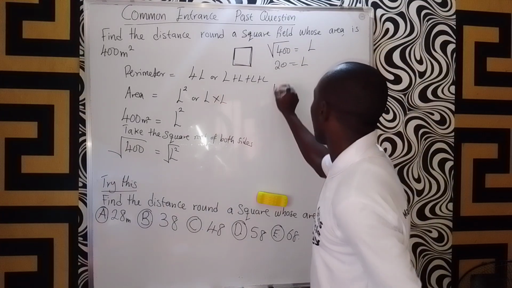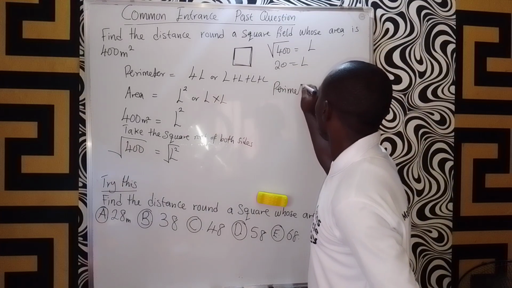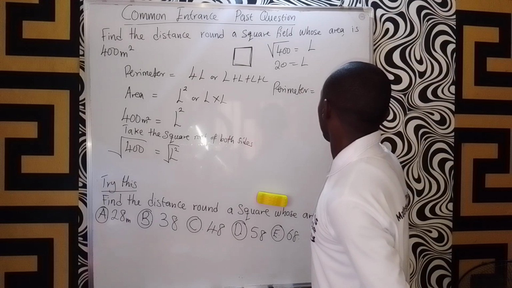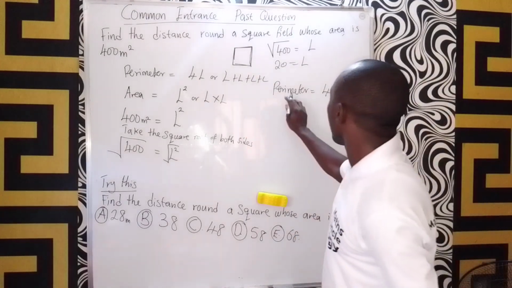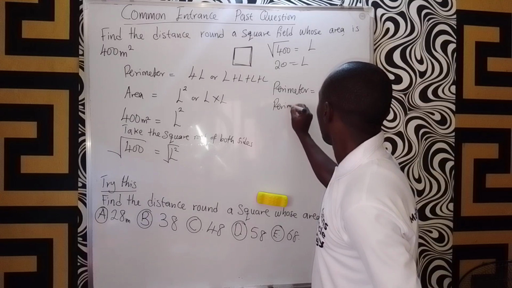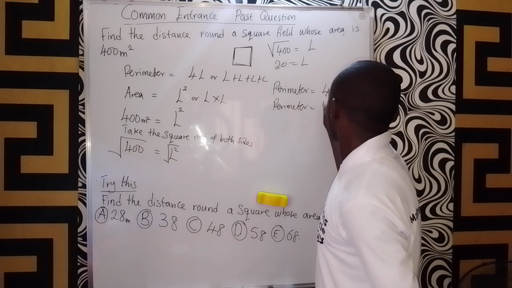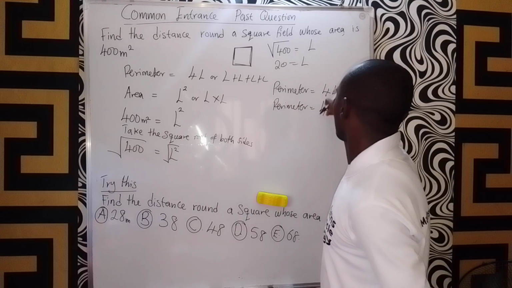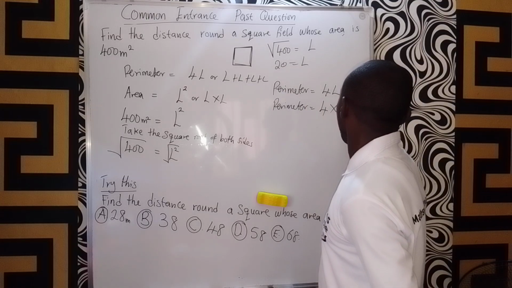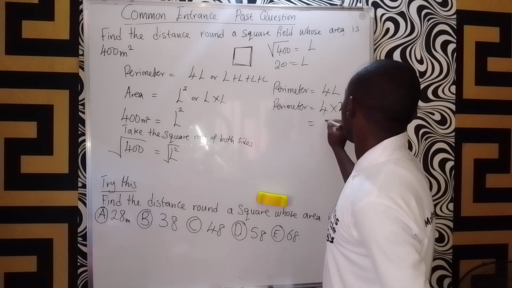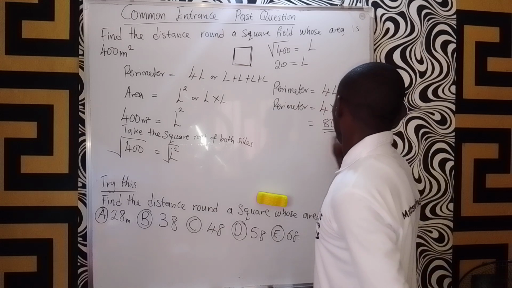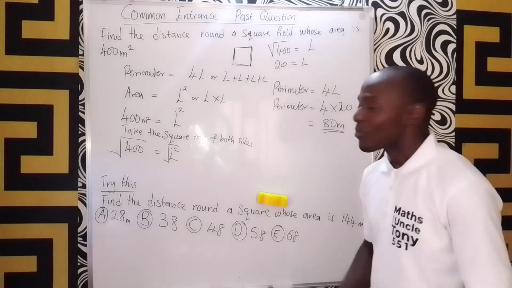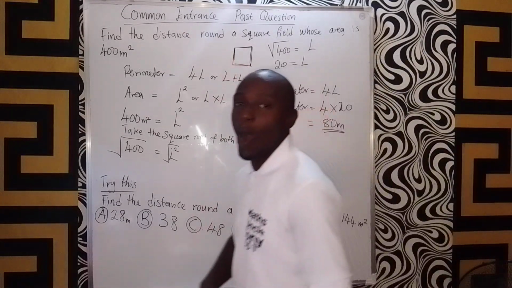Perimeter is equals to 4L, or L plus L up to 4 places, which is 4 times 20. 4 times 20 is 80 meter. So this is the answer for number 1.